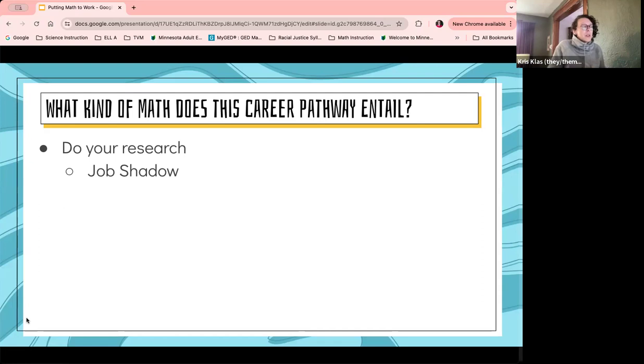When I was preparing for the Intro to Small Business class that we have at the Hub Center, it was originally going to be a coffee cart. And so I went to a couple of other programs' coffee carts. Neighborhood House was running a coffee cart as sort of a social enterprise. And they had students who were English language learners who were preparing to work in that coffee cart.